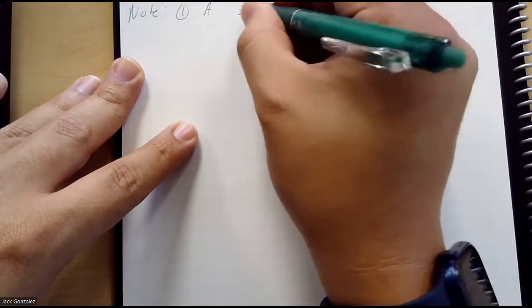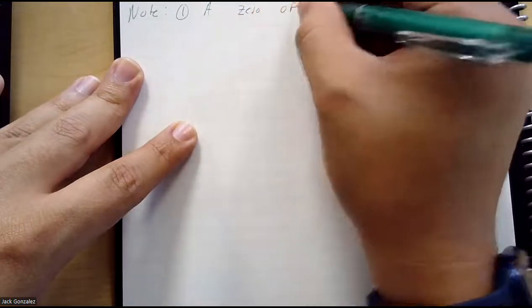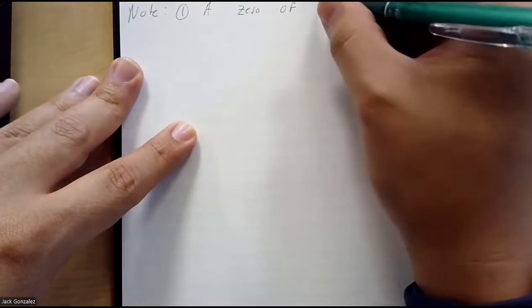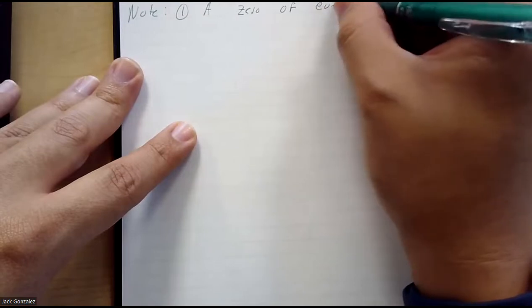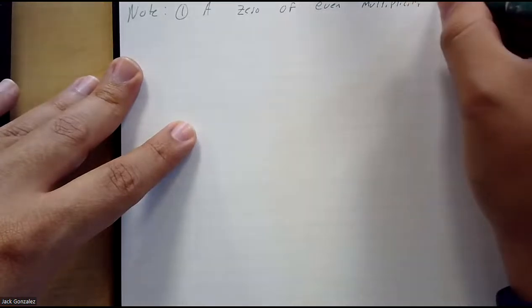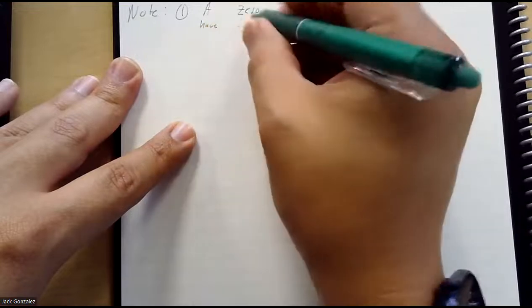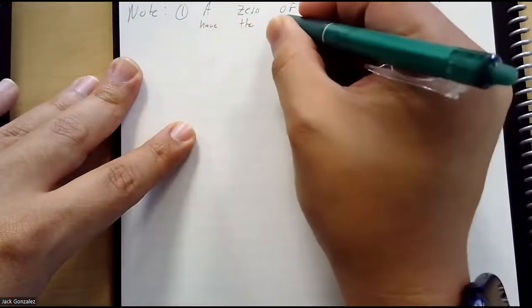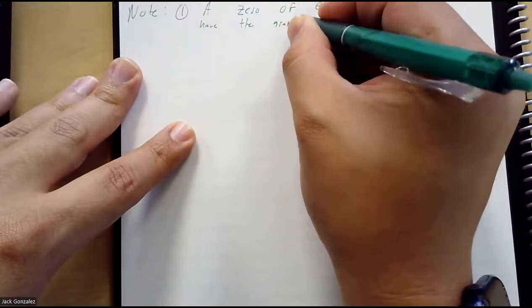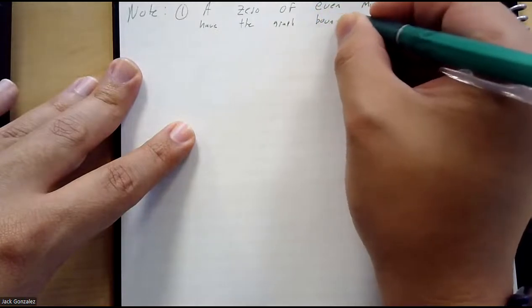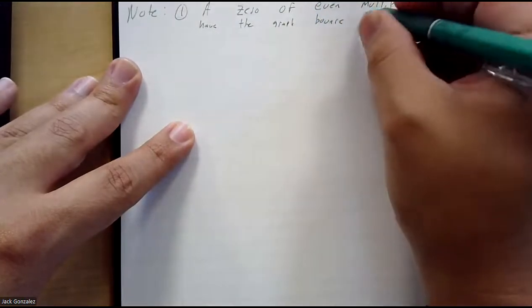A zero of even multiplicity will have the graph bounce off the x-axis.